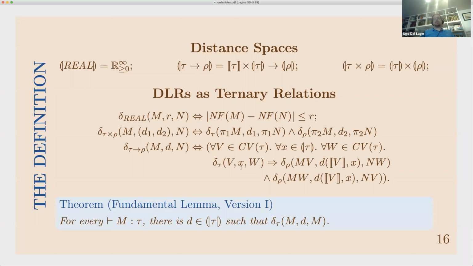And the fundamental lemma that you get out of this is one which tells you that the distance between m and itself is not necessarily zero, but it's an arbitrary element of the underlying distance space.